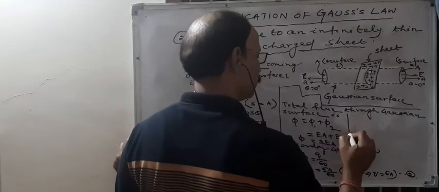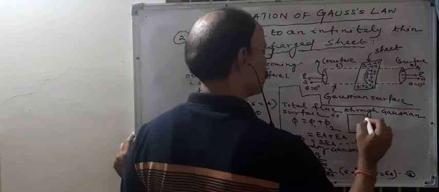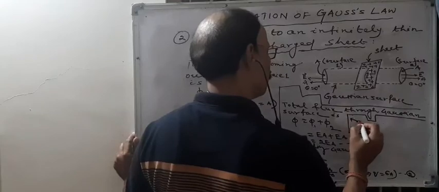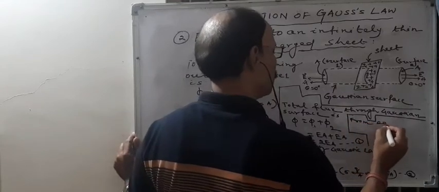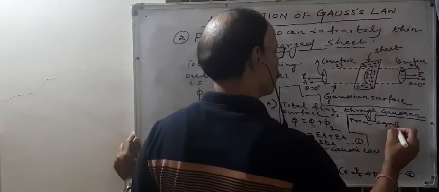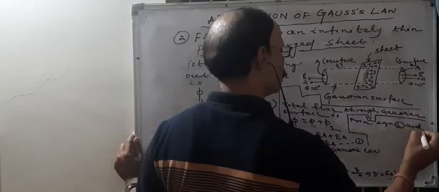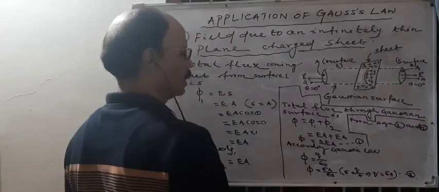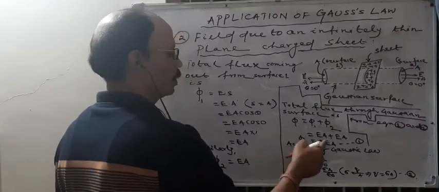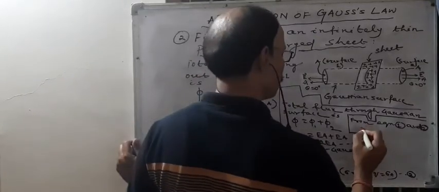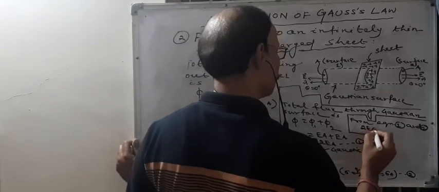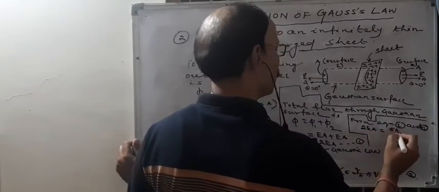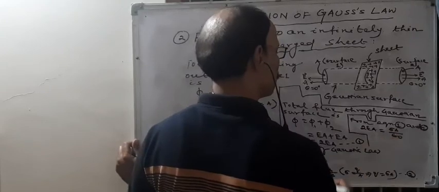So from equation 1 and 2, what did you get from both equations? Both are equal, so the RHS will be equal. It means 2EA equal to sigma A upon epsilon naught.